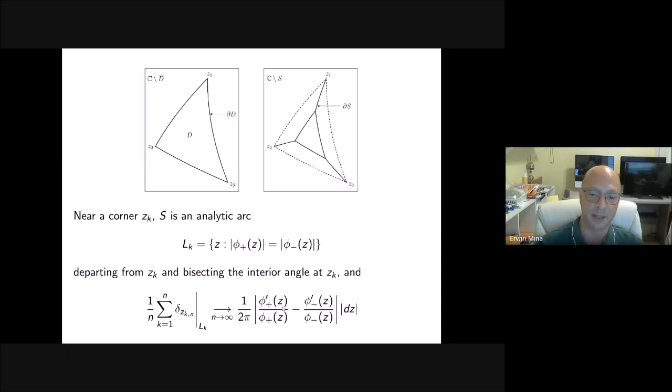And you can see, if you restrict the zero counting measures to those arcs, the limiting measure can be expressed in terms of this boundary limit of the derivative of the conformal map. So there is a way to compute precisely on those arcs what the limiting measure is.